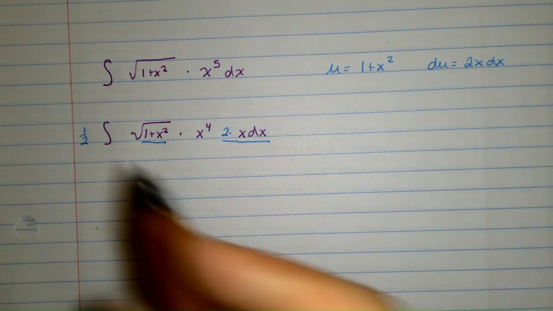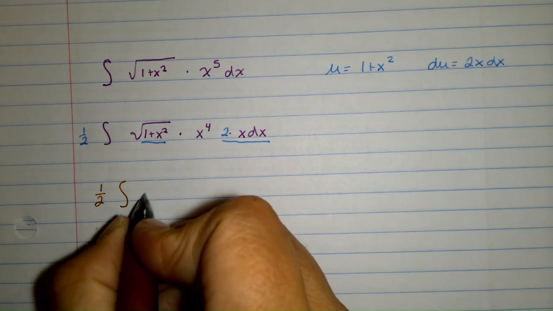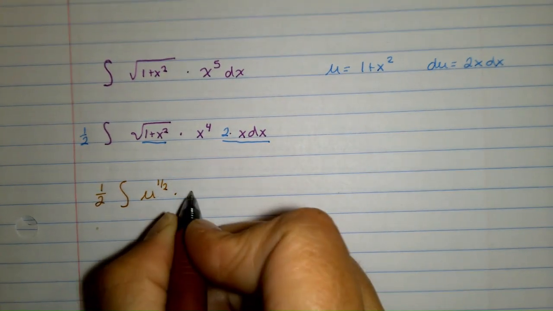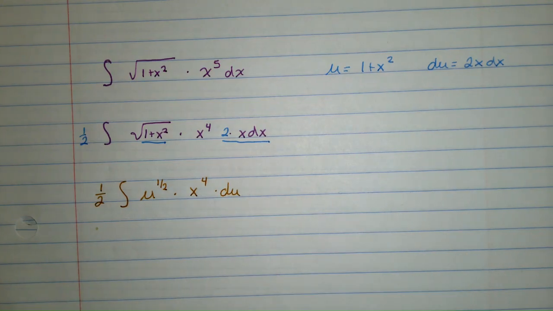So I'm sitting at 1/2 integral u to the 1/2 times x to the 4th times du. Yuck, I need all x's. I can't have this mixed variable thing going on because I can't integrate that way. What do I do? Well, hope is not lost.